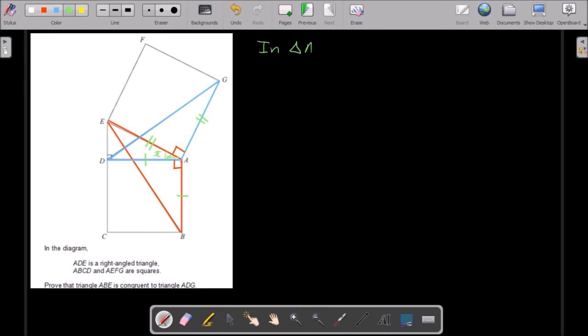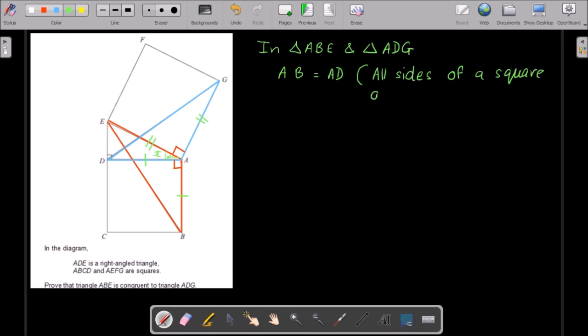So let's get started. Our opening statement: in triangle ABE and triangle ADG, AB is equal to AD, and that's AB here is equal to AD, and the reason for that is all sides of a square are equal.